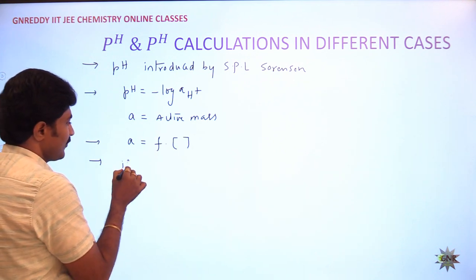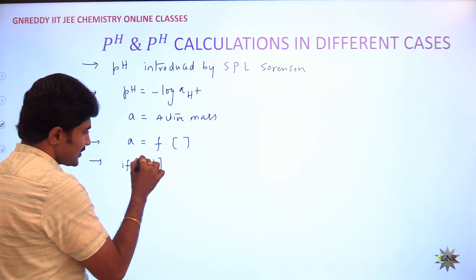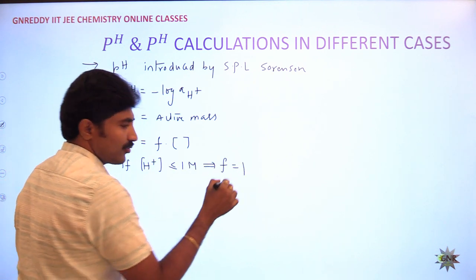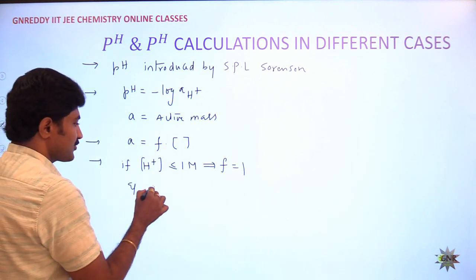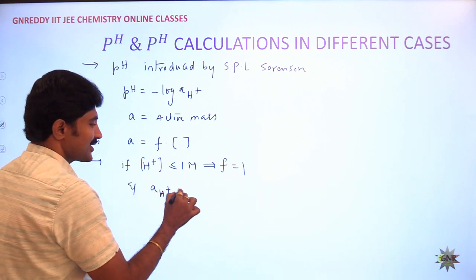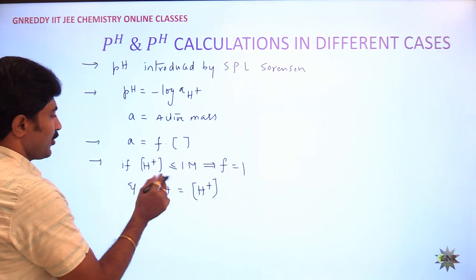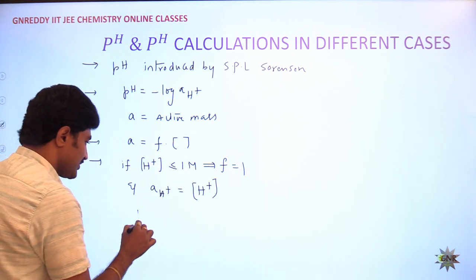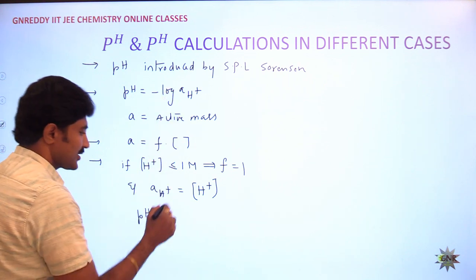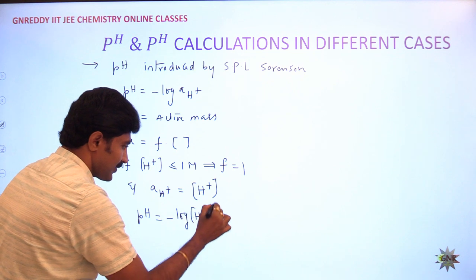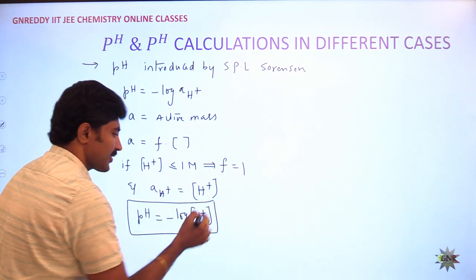If H plus concentration is less than or equal to 1 molar, the default activity coefficient is equal to 1 and the active mass of H plus by default is equal to the molar concentration of H plus. What do you understand from this? From this we can write pH is equal to minus log H plus concentration, or hydronium ion concentration.